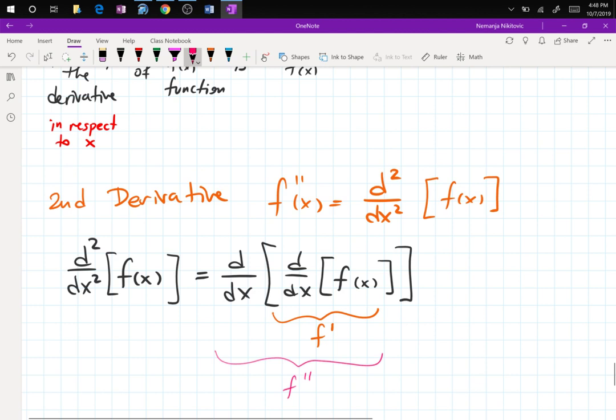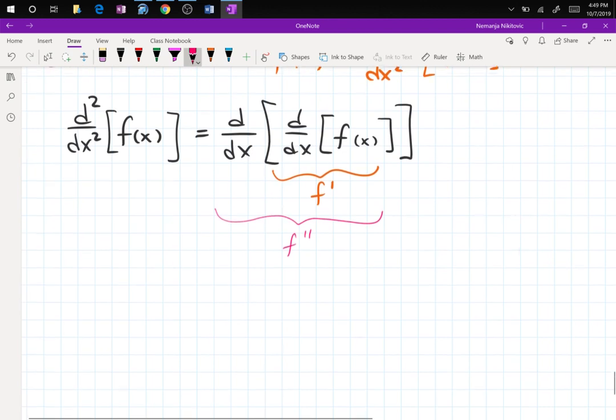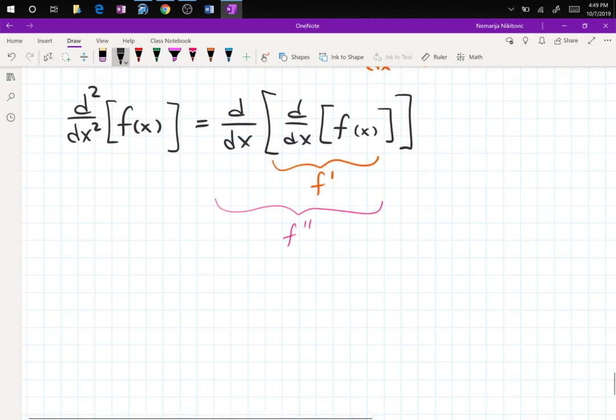So you apply the inner derivative, and literally d times d is d squared, dx times dx is dx squared. So in the notation, you peel off one of the derivatives, you apply it, and that's you taking the first derivative, and then for that one you take another derivative. So this can be done in the Leibniz notation as well. It's just more writing, so generally we don't use it.